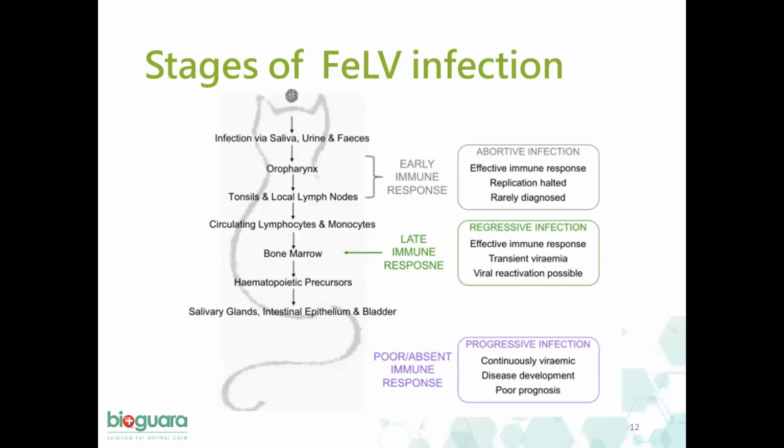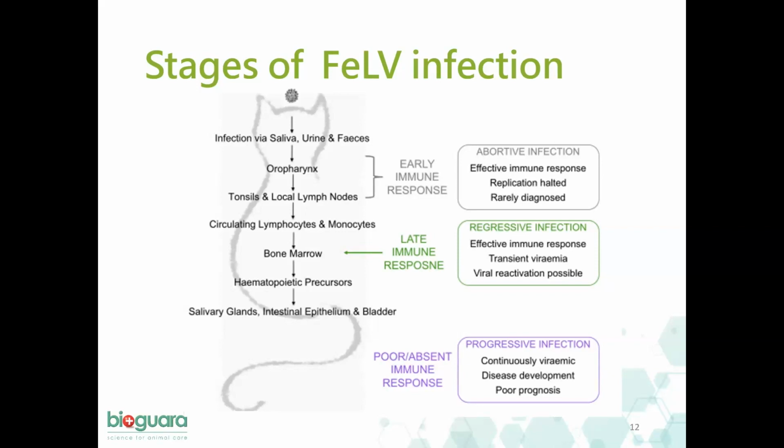The progressive stage of FeLV is a stage where the virus is not contained during the early stage and leads to extensive viral replication. So what happens during this stage? The cat comes in contact with FeLV, usually through the saliva or nasal secretions from an infected cat.